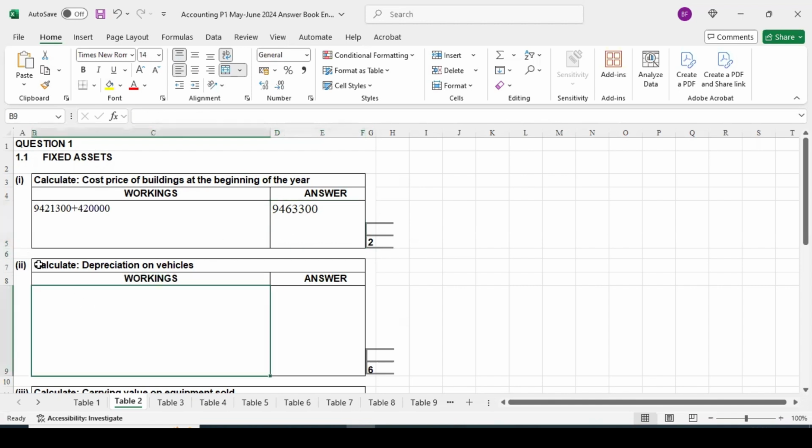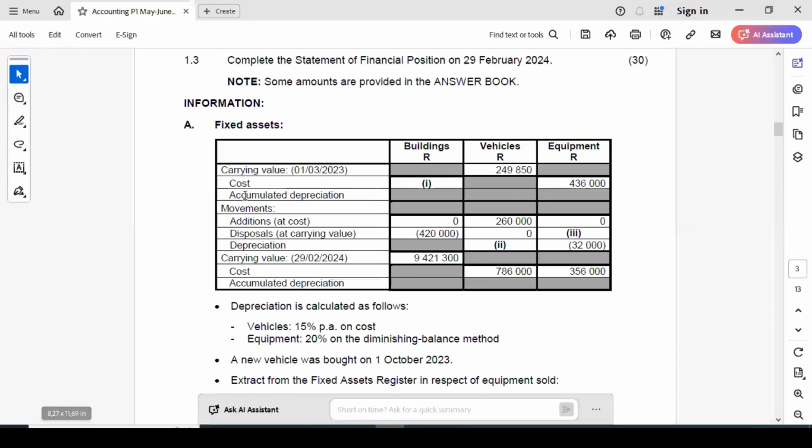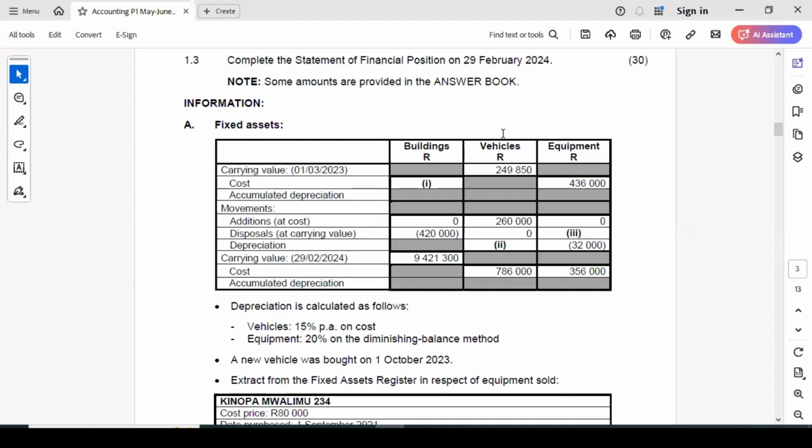And then next, number 2, it says calculate the depreciation on vehicles. Going to our information, as we can see on our fixed asset note, we have the carrying value at the beginning of the year of the vehicles, which was 249,850. And then we have additions at cost, which is 260,000 rands. And then we are required to calculate the depreciation, which is number 2.